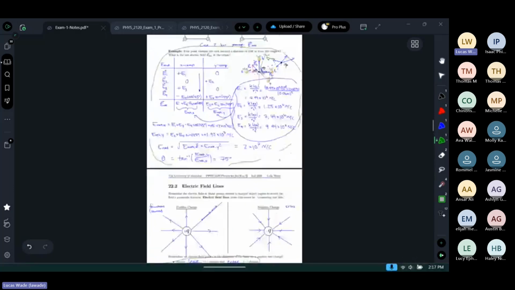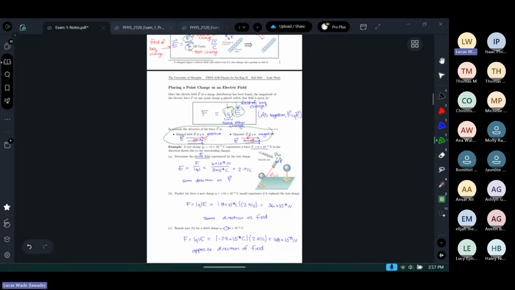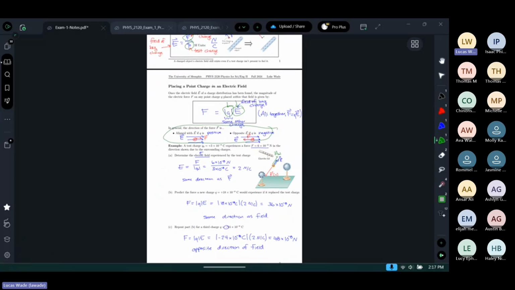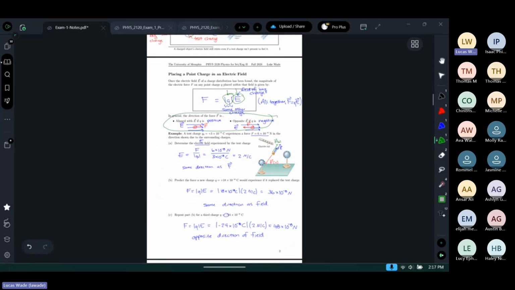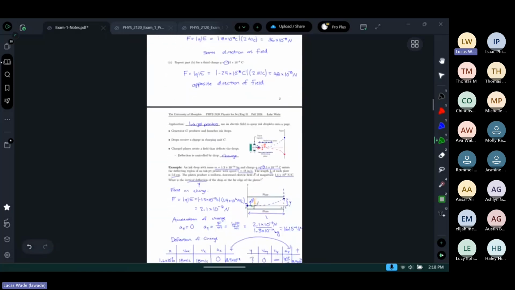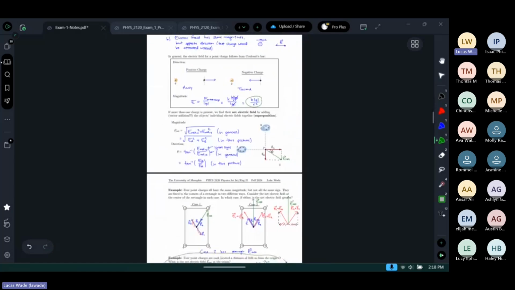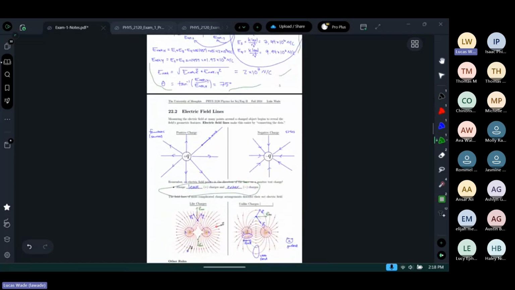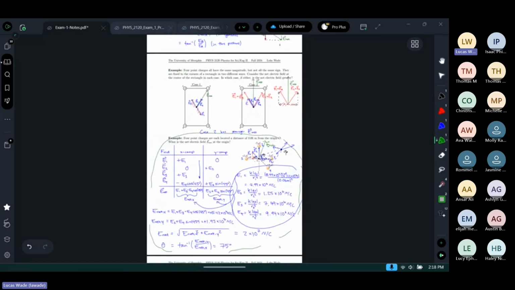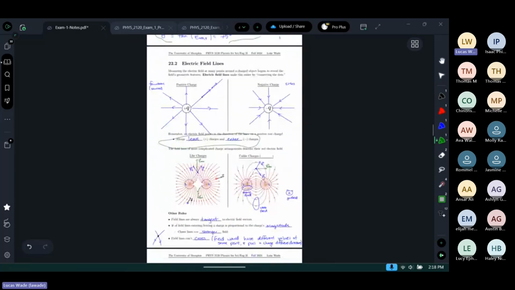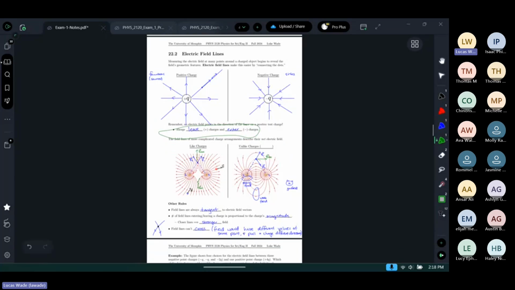So quick recap. How do you find the force on a charge if you know the electric field it's sitting in? Do you know if that is going to be in the same direction or the opposite direction of the field? Can you calculate the net electric field due to a group of charges? Do you know what field lines are representing as far as how large the charges are and whether the charge is positive or negative?